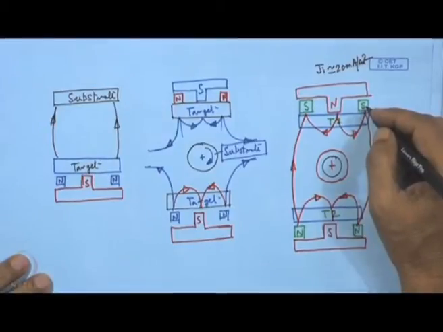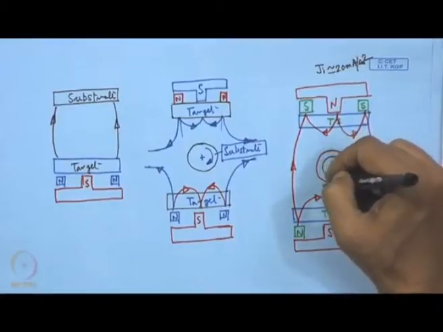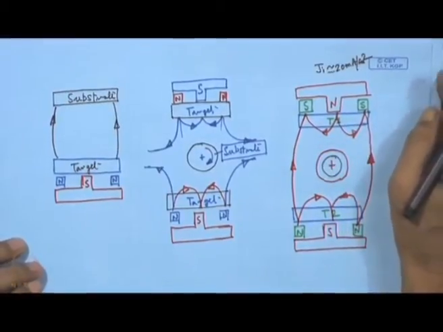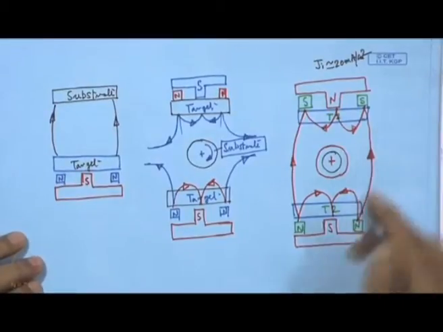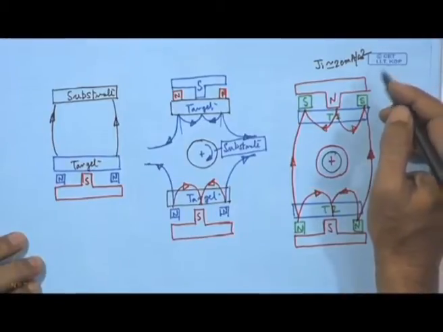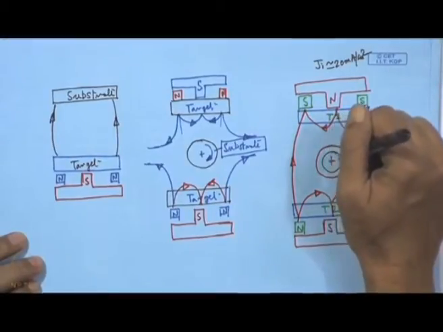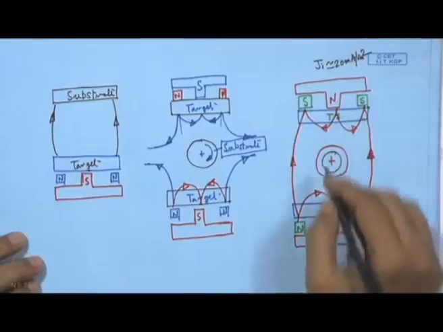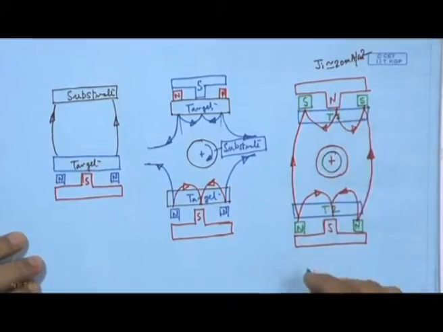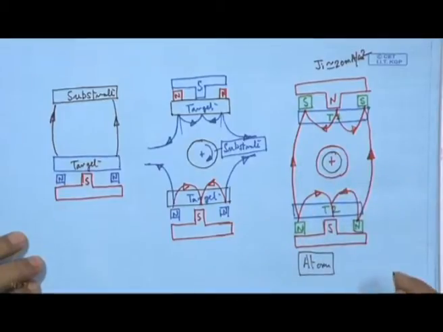So, the whole task is that near this substrate surface we must increase this ion current density. And what happens exactly at the substrate surface? Actually, the atoms of this target material are incoming, arriving on this surface.